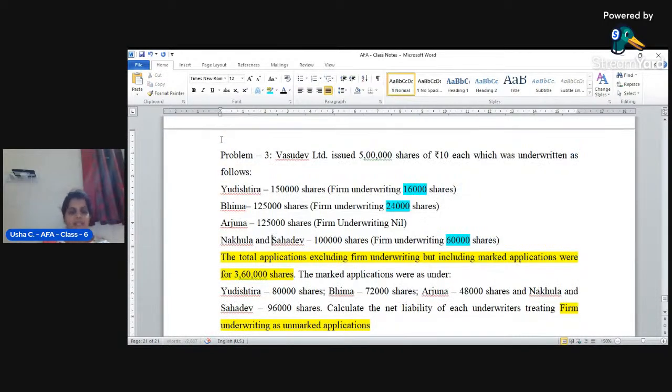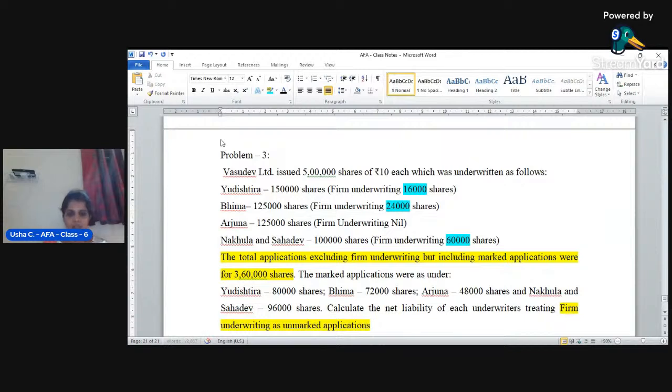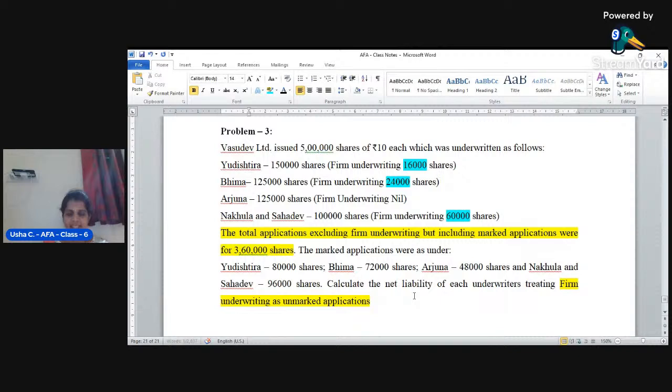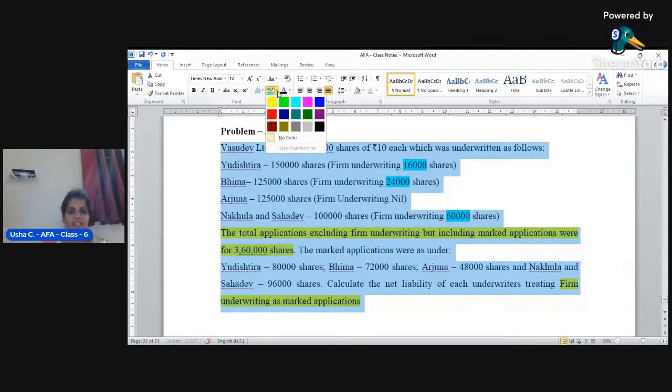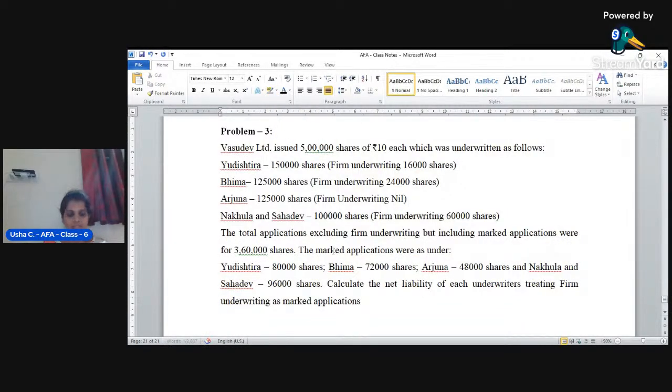Same problem, but calculate the net liability of each underwriter, treating firm underwriting as marked applications.